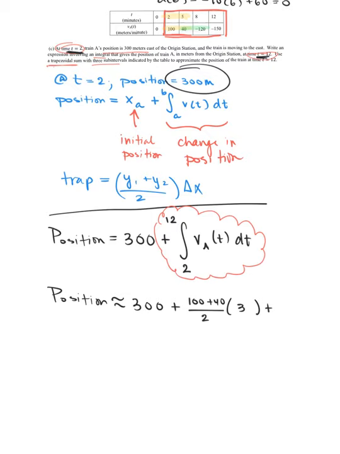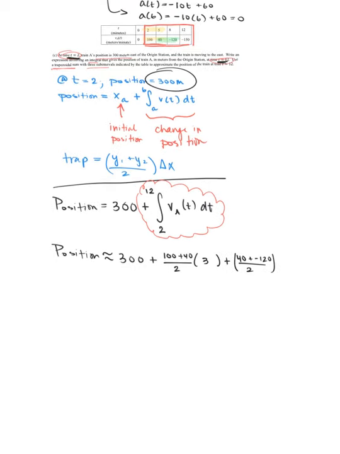Now I'm going to use these two values, and I'm going to add them and divide by 2. So I would get 40 plus negative 120 divided by 2, and then times delta x. In this case, my delta x goes from 5 to 8, and so that would be a difference of 3, so delta x would be 3.